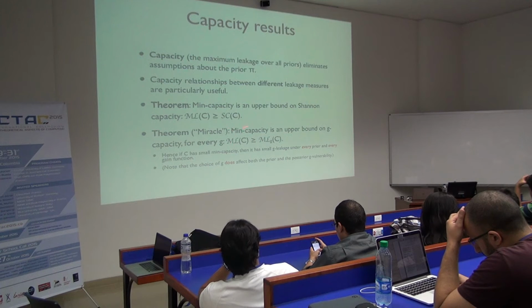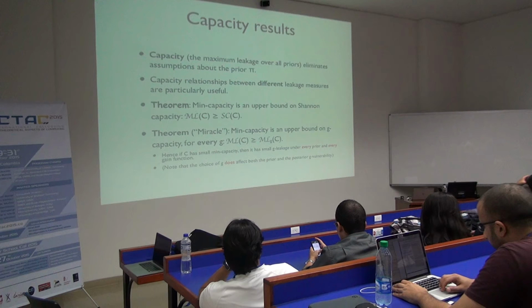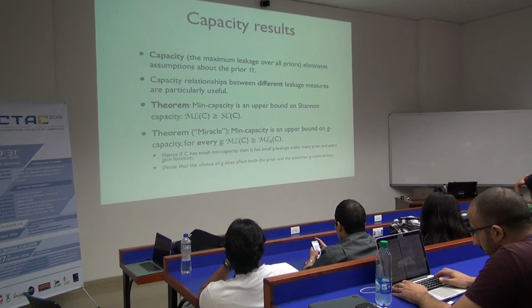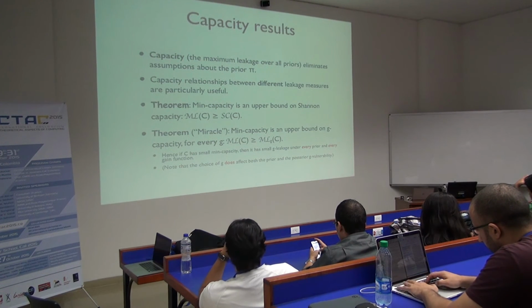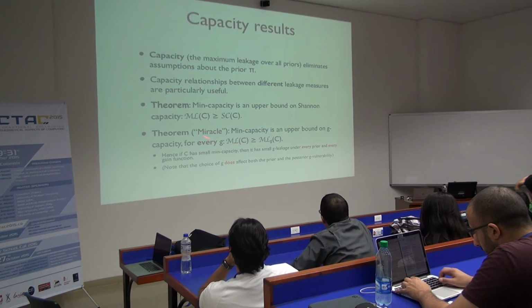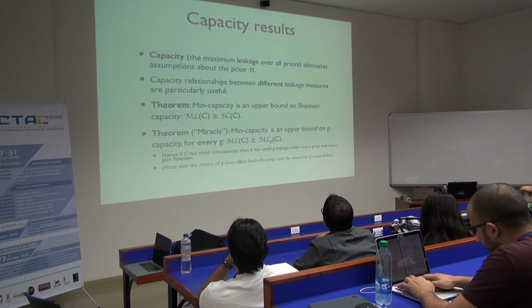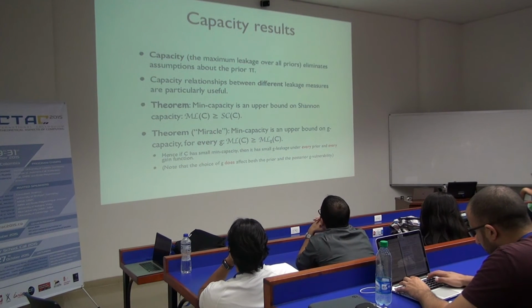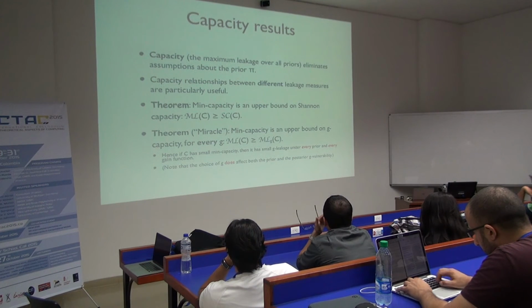But the important thing is that this is about leakage. It's not about vulnerability. Okay, so by picking a G that gives a lot of tries to the adversary, it might make things better for the adversary to begin with, and also a posteriori. But the leakage, which is what we care about here, will still be bounded. So this is a nice result, because essentially it says, if you can bound this you can be safe. And no matter what scenario I might think of, the leakage will still be small.